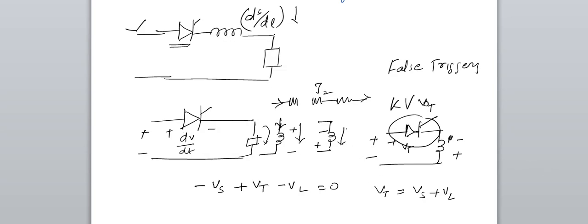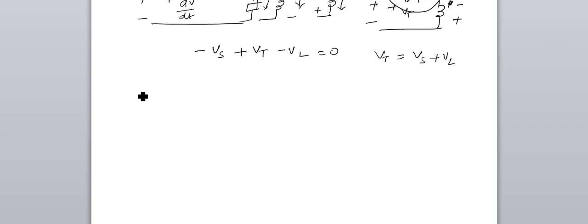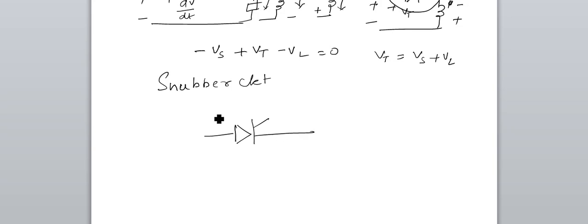So to avoid this problem, we are using a snubber circuit. It is actually a series combination of resistance and capacitance. So there is a resistance and there is a capacitance, and then you connect it across your load.